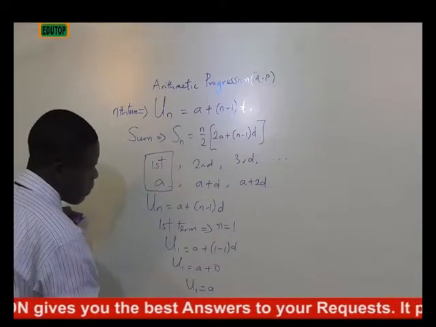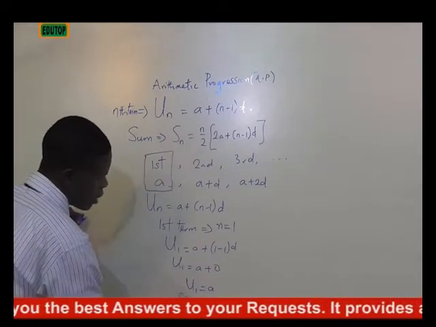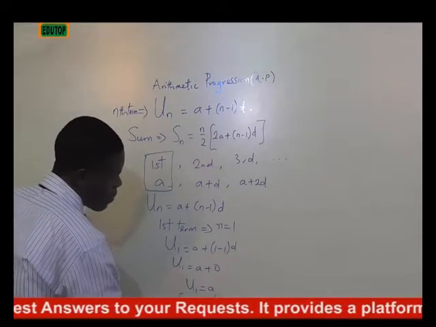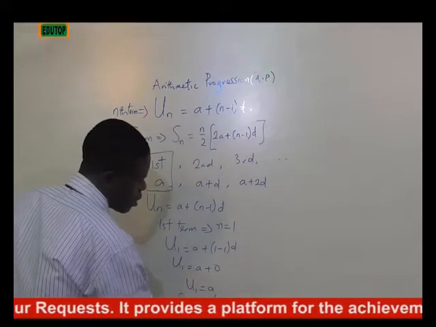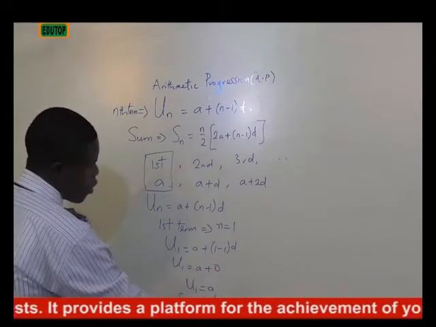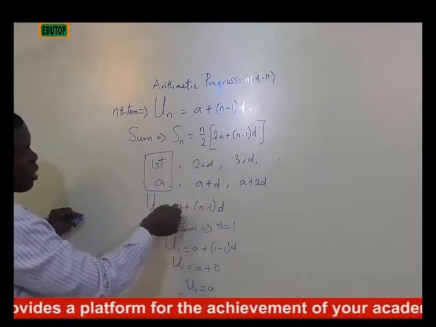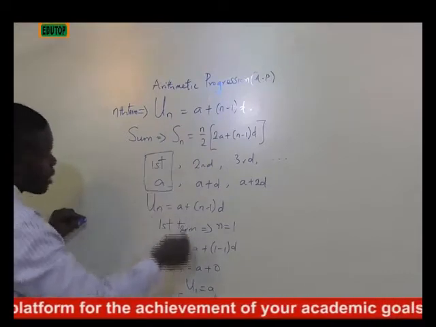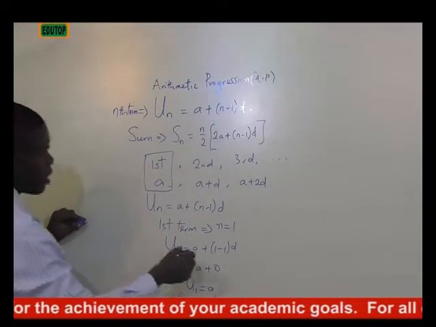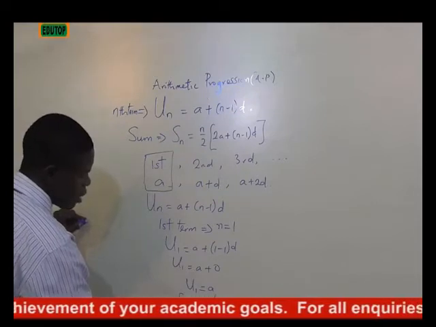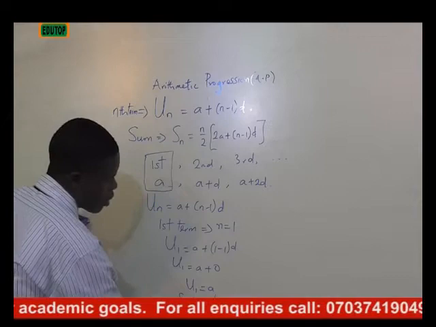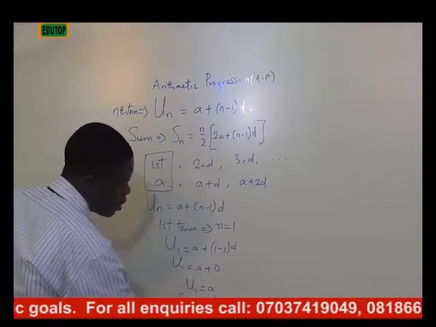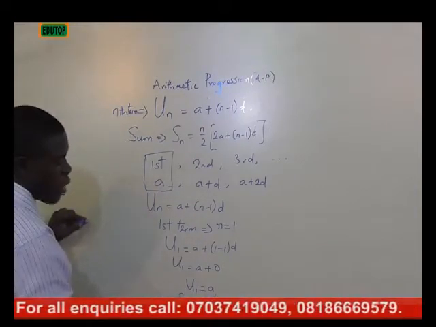The second term is where your n is equal to 2. So when we substitute this into the formula for calculating the nth term of an AP, it will be written as U2, which will be A plus (2 minus 1)D, where n is 2.